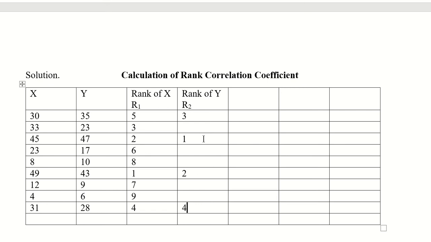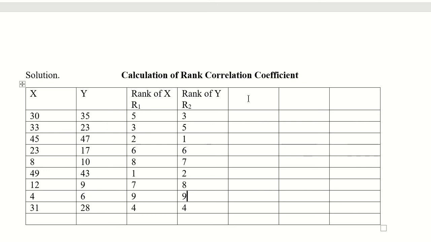Less than 28 we have 23, so rank 5. Less than 23 we have 17, so we'll give it rank 6. Then less than 17 we have 10, 7, 8 and 9. So this is how we have given ranks to X and Y.